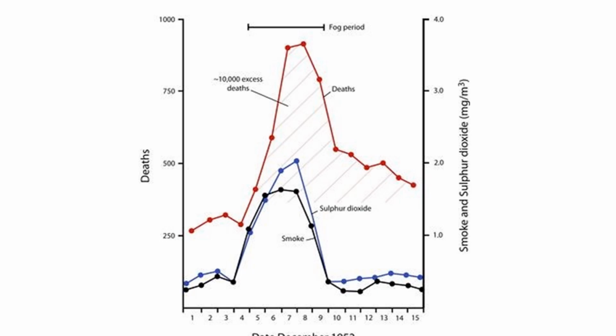A sudden, sharp increase in the number of deaths was associated at the same time with a sudden increase in smog that resulted from sulfur dioxide and smoke interaction during that week.